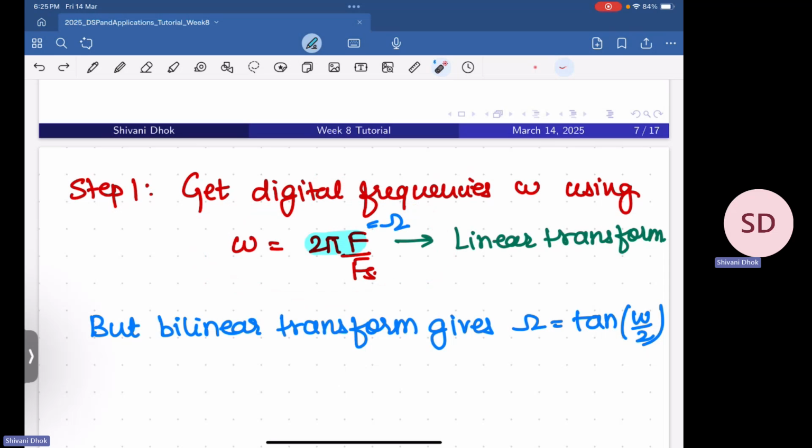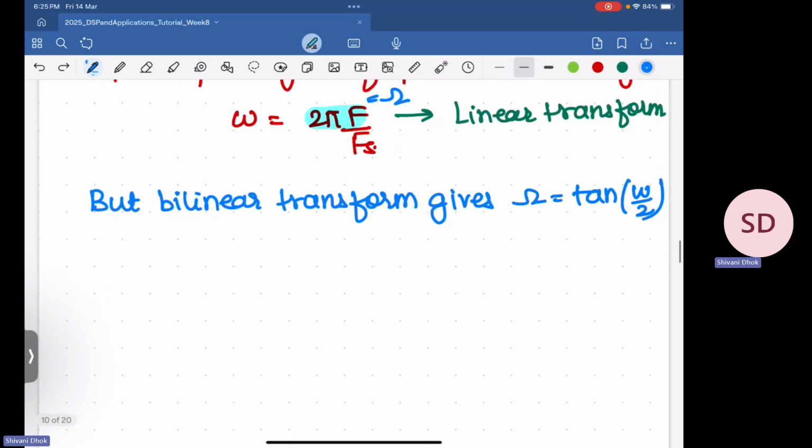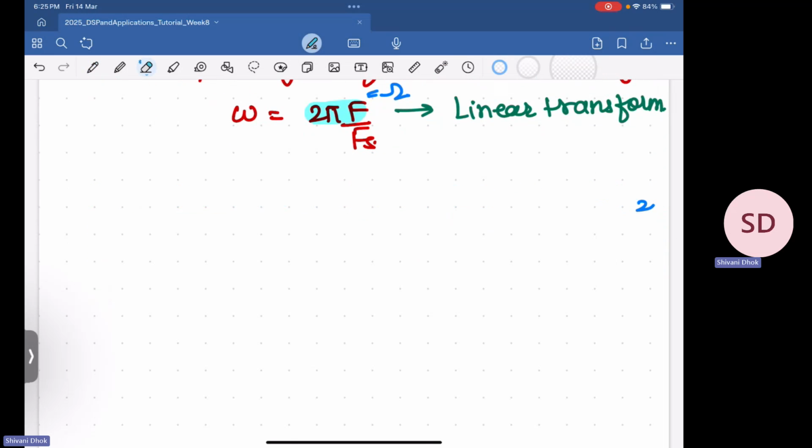So in order to account for these non-linear functions, we do all this. This is an important step and you can't skip it. Please keep this in mind. So that was just to explain.